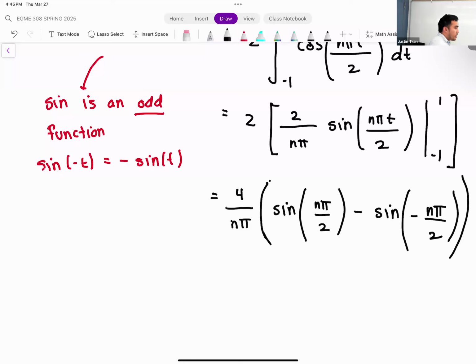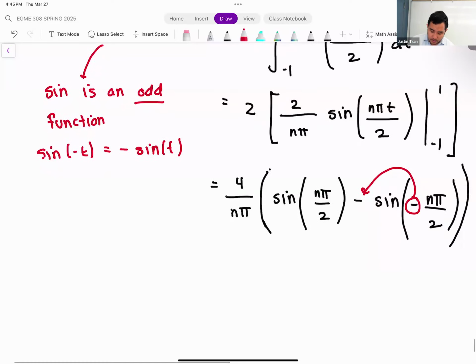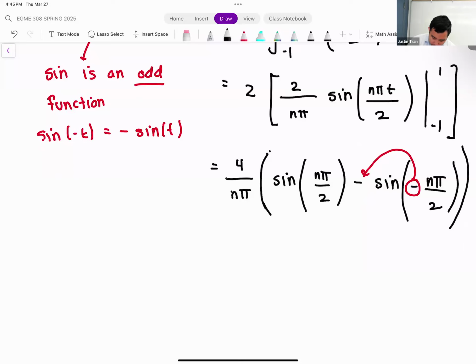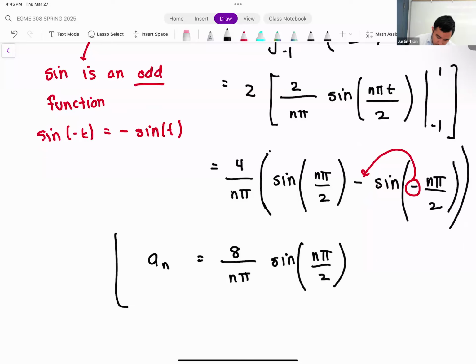So if we utilize that trig identity, we are going to take this negative that comes from the second term and just plop it out in front, which is great because otherwise that term would cancel. And so if we do that, we get 8 over n pi multiplied by sine of n pi over 2. And these are our a_n's.